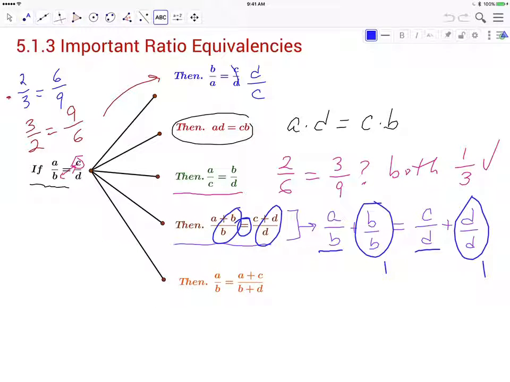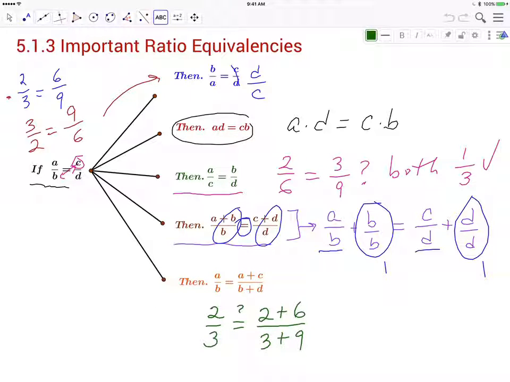These are all equivalent. This last one here, again, let's put in the numbers. Remember, this says 2 relates to 3 somehow in such a way that 2 plus 6 relates to 3 plus 9.